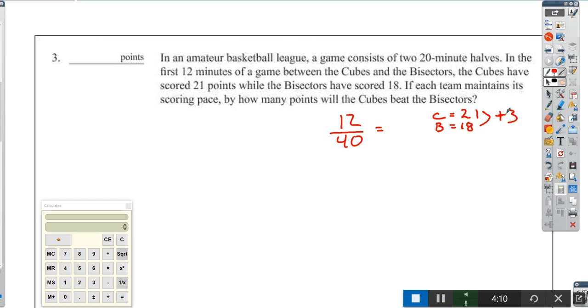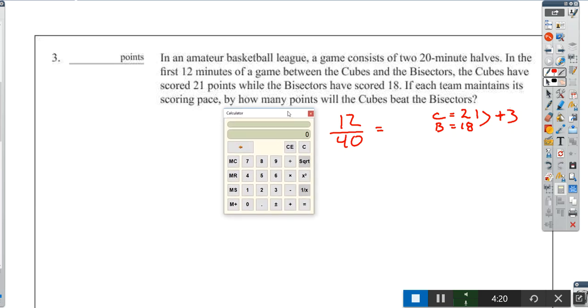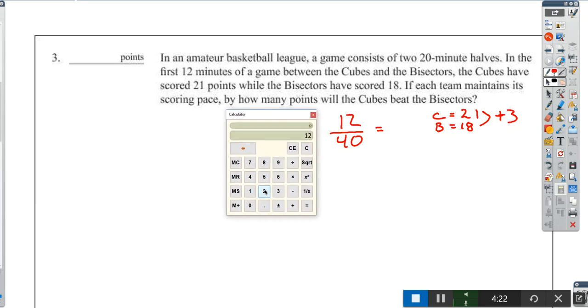And it's asking by how many points will the Cubes beat the Bisectors? Okay, well, so far we have 30% of the game done, which means we have another 70% left.